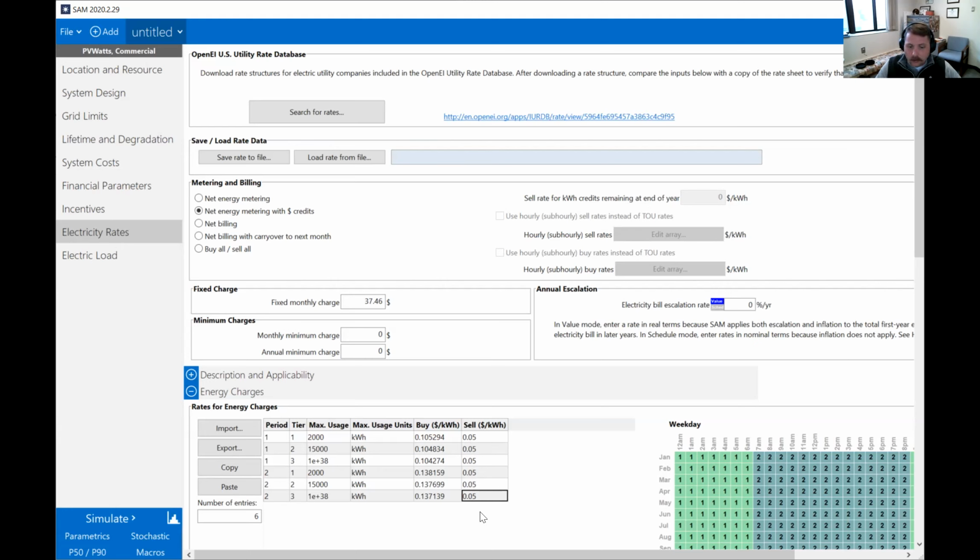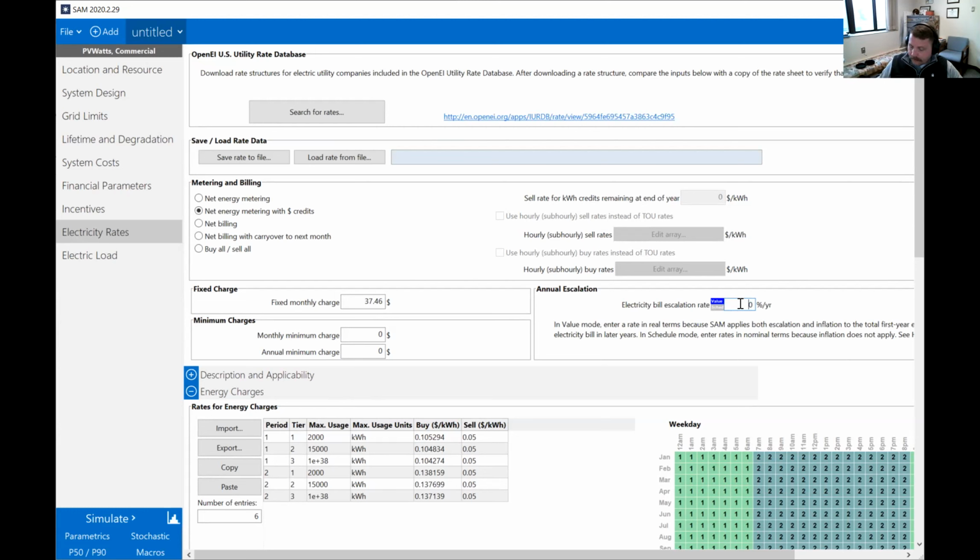That sell rate only kicks in when I overgenerate in a month, for whatever's extra that I overgenerated, the net. So I need to put that in. I can also escalate the electricity rate above inflation. We already have 2.5% inflation. Now, does electricity increase faster than inflation? This is where I can apply some of my prognostication of the future.